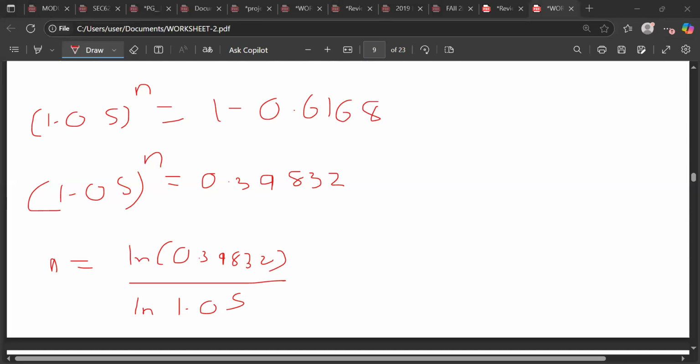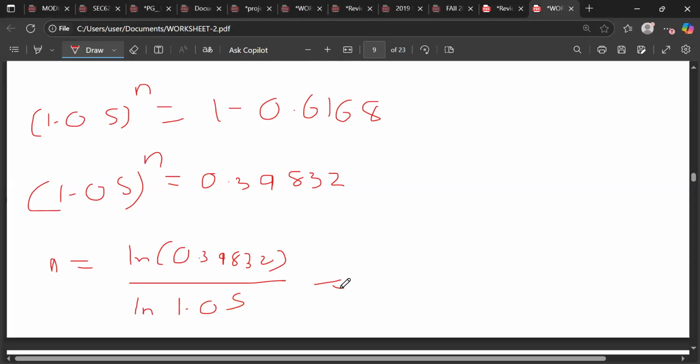Are we okay there? To give us the natural logarithm of 0.39832 divided by the natural logarithm of 1.05.